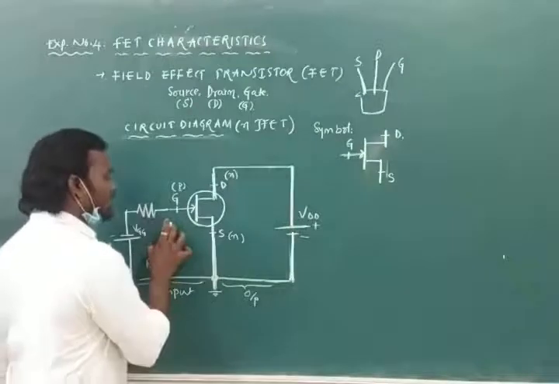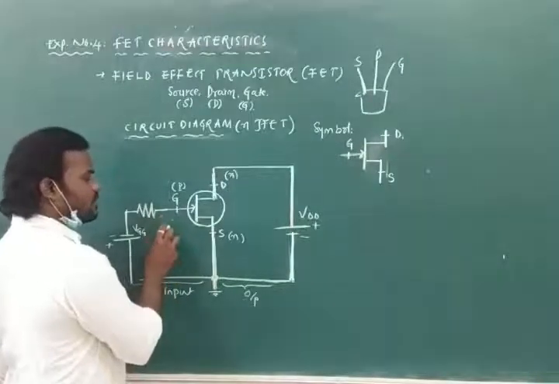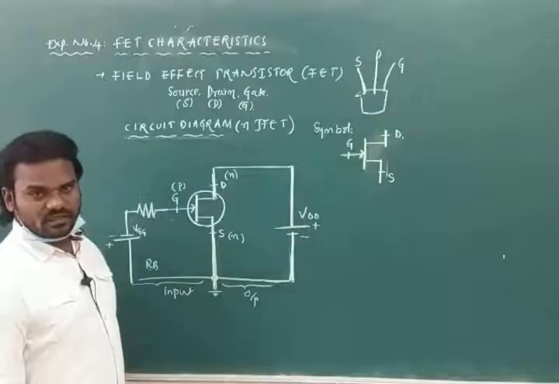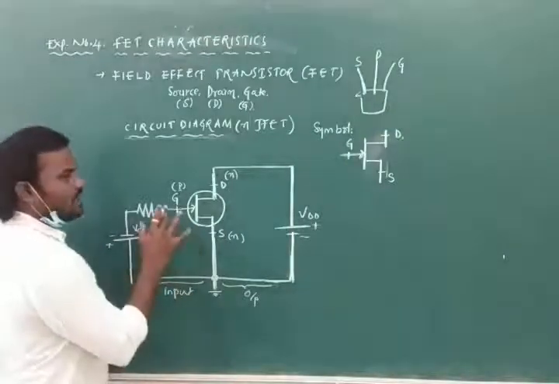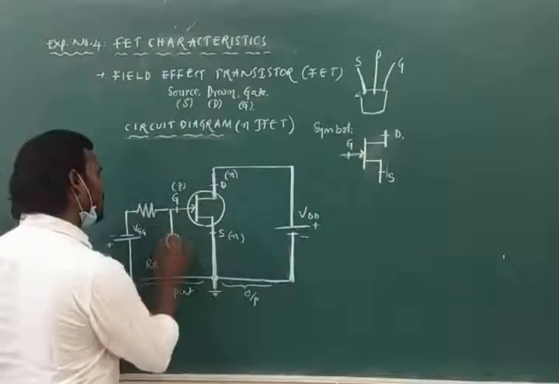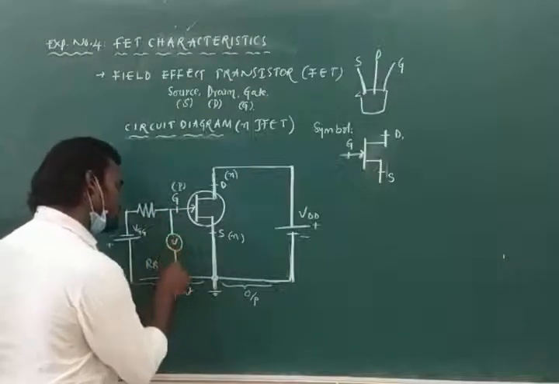Then on the input side we need to identify two quantities, and on the output side two more: input voltage and input current, output voltage and output current. But here the FET is a voltage controlled device, so we can use only one voltmeter in the input.